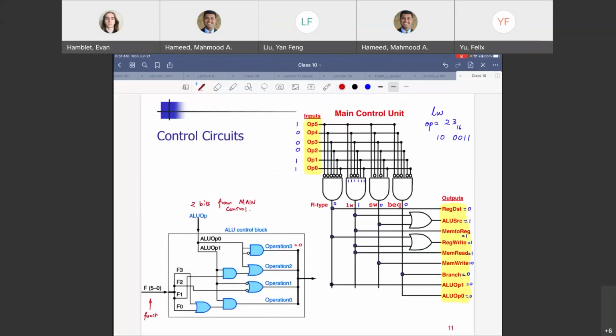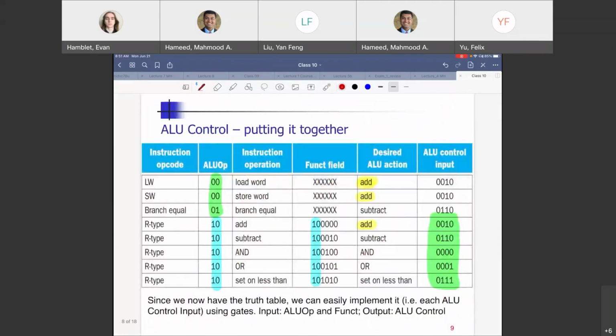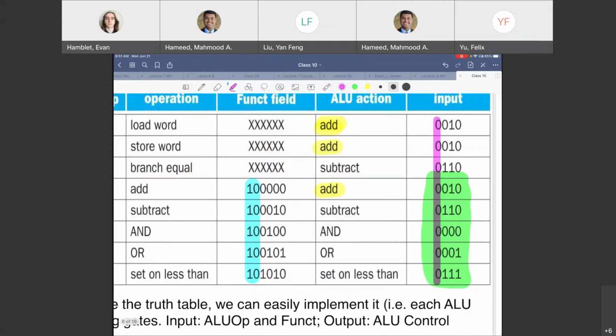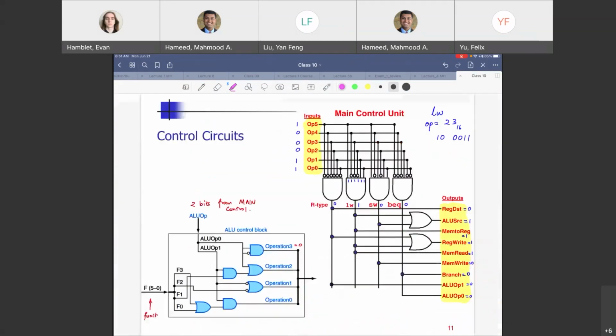Let's go back and check. The most significant bit of the ALU input is always 0, right? Maybe a slightly thinner line would have done it. Yeah. Next.